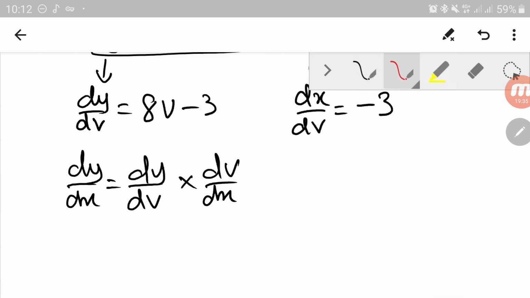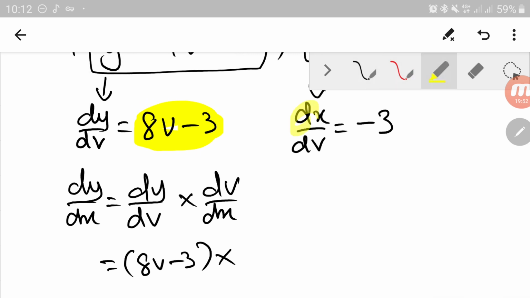Okay, so from here we have dy/dv, 8v minus 3. Remember, there are two terms, so put a bracket, otherwise we will make a mistake. Most students will make this mistake. But the problem is, we have dx/dv, but the one we need in our chain is dv/dx. So how are we going to get dv/dx from dx/dv? It's very simple.